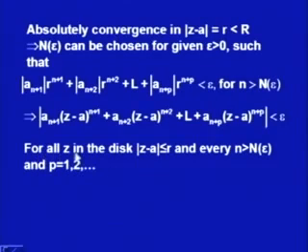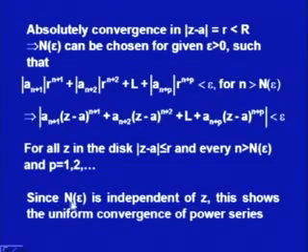So, this is true for all z in this disk |z - a| ≤ r, and for every n greater than n_epsilon, and for p = 1, 2 and so on. Since n_epsilon is independent of z, this follows the uniform convergence of the power series. It does not depend upon z and the series is uniformly convergent. So, the power series is uniformly convergent.